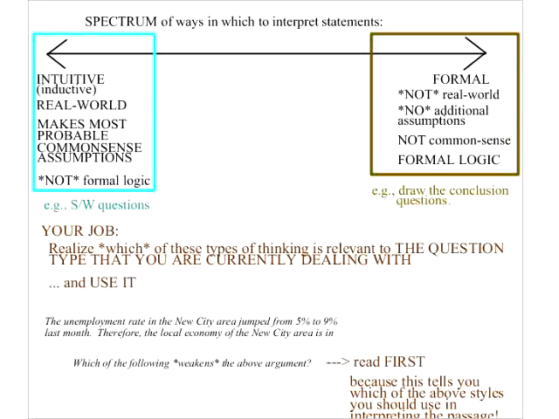Once you've settled on a type of reasoning to use, then you go to the passage and you read it with that type of thinking in mind.